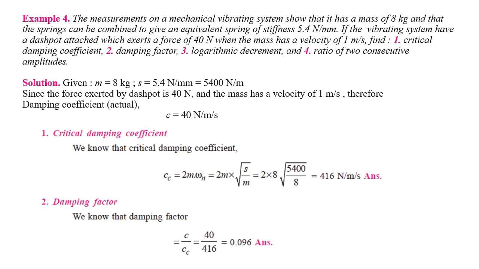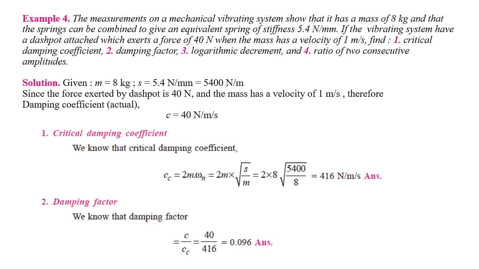Now remember that the damping force F is equal to the damping coefficient into velocity. So what will be the damping coefficient C? C is equal to F divided by velocity, force divided by velocity.